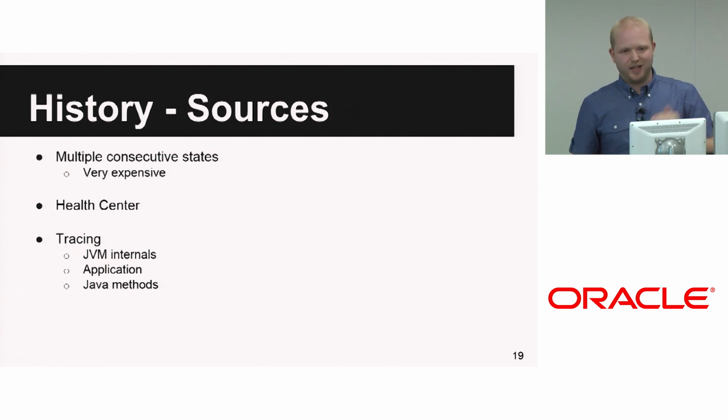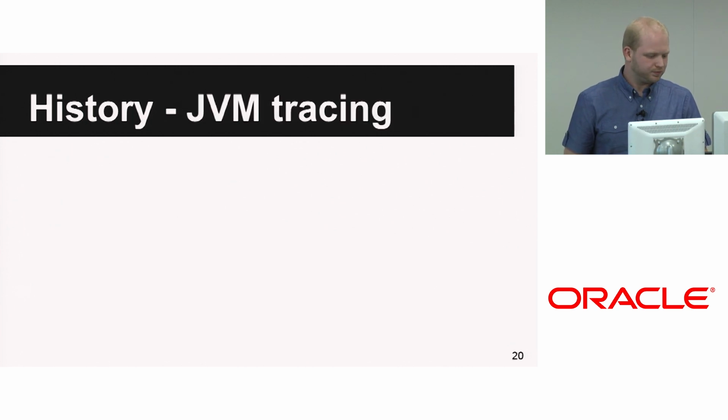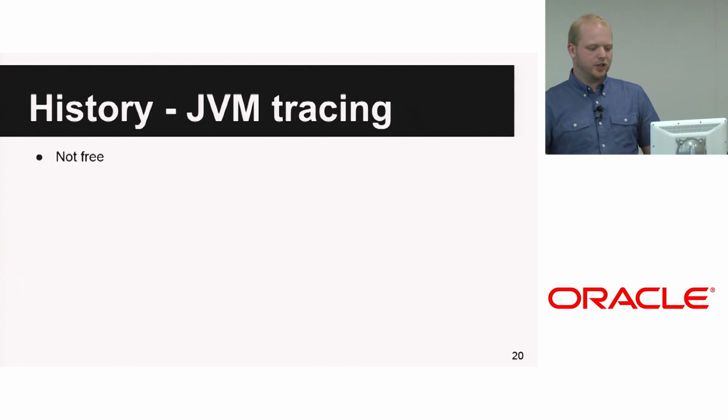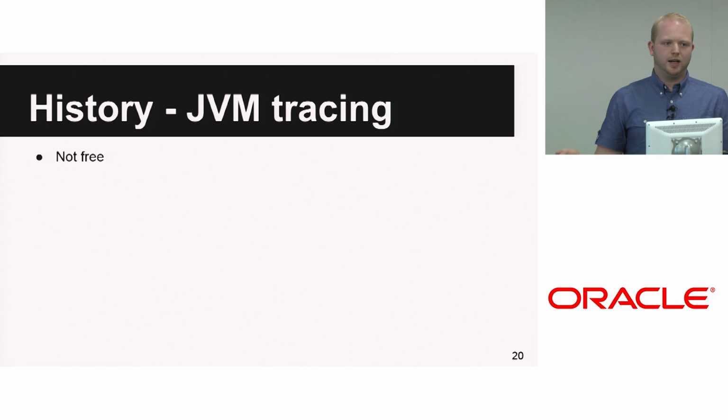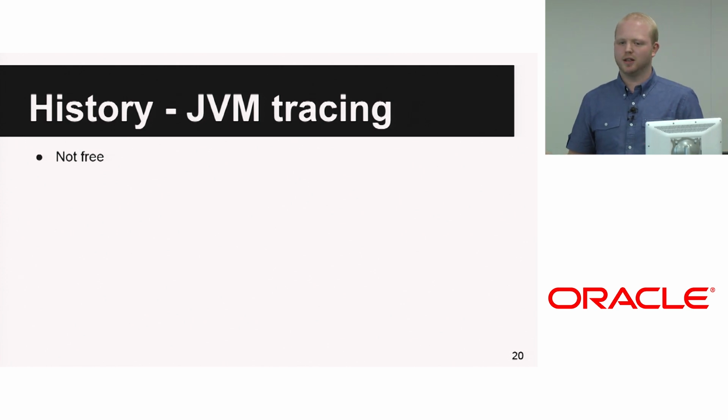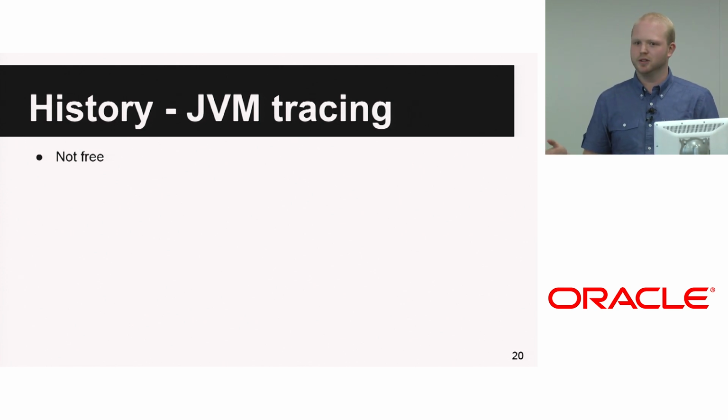So staying on the JVM topic, let's look at those internal JVM trace points. As I mentioned, definitely not free, right? You're constantly registering trace points, and in our JVM at the moment there are about 7,000 unique trace points that fire at different places, at least from the data I found.